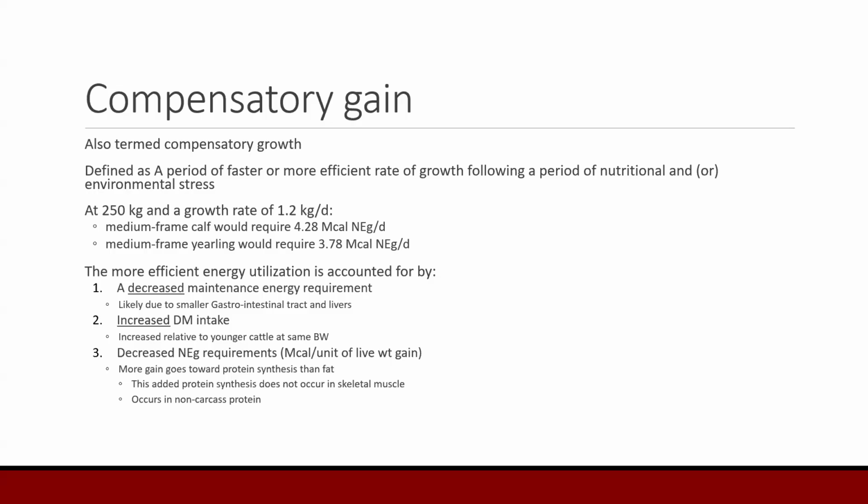So more gain is going to go toward protein synthesis than fat. This added protein synthesis does not occur in skeletal muscle. We'll look at some of this data from Dr. Karstens. Most of this added protein synthesis is happening in non-carcass tissues, non-carcass protein.